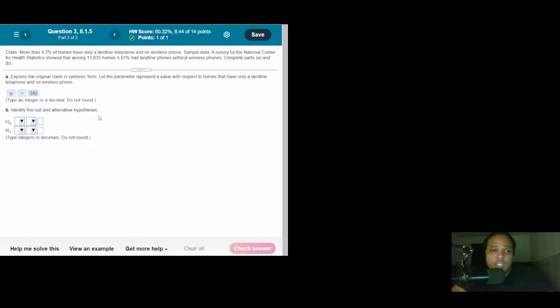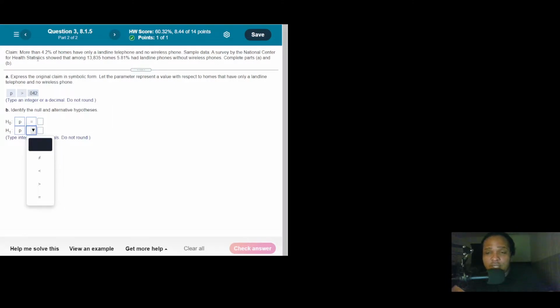Now we're going to take this claim that we put in symbolic form and branch it off into these two, the null and alternative. Once again, you're going to use P for both. H0 will always in this course be an equal sign. In other courses, I've seen it be greater than or equal to or less than or equal to, but all the courses are built differently, and I prefer this course over the other ones I've experienced.